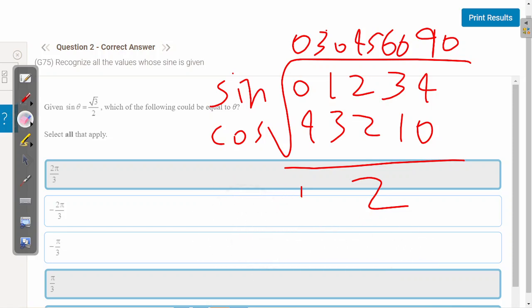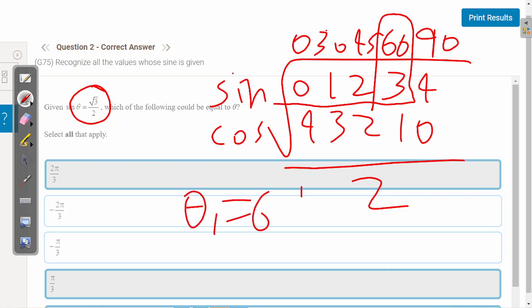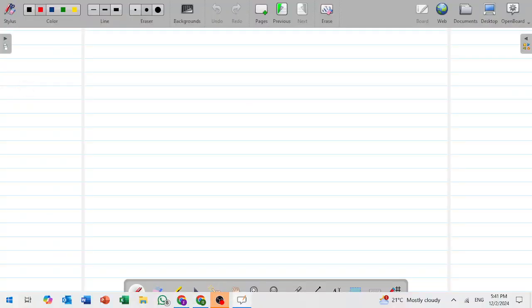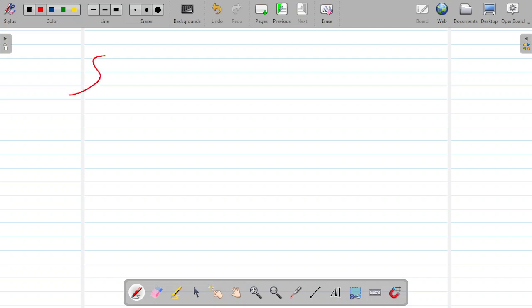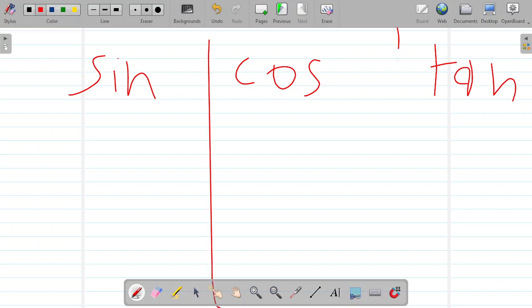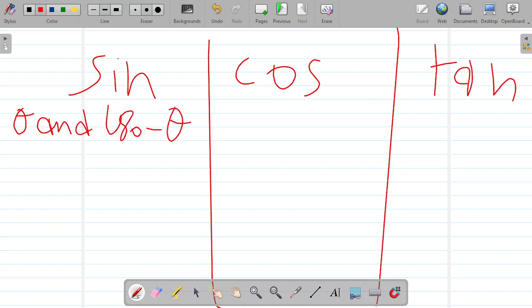So they want sine radical 3 over 2. So you look at the sine and where it has 3 here, so it's gonna be 60. So theta 1 is 60. But that's not the only one. So we have rules for the different sine or cosine. I'll just write all of them: sine, cosine, tan. For sine, the ones that have the same value are theta and 180 minus theta. For cosine, it's theta and 360 minus theta.